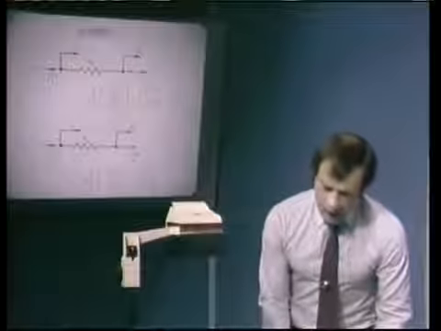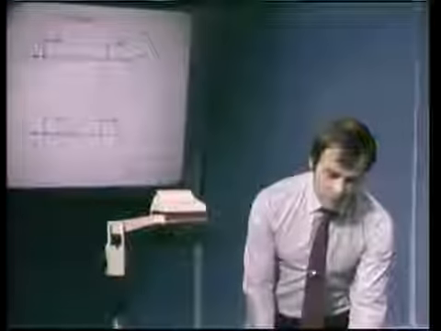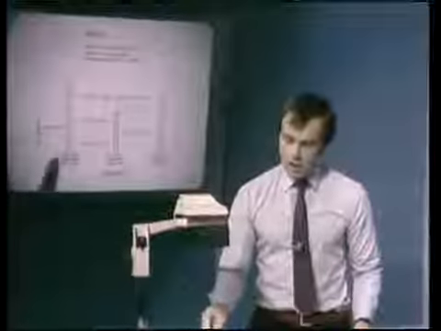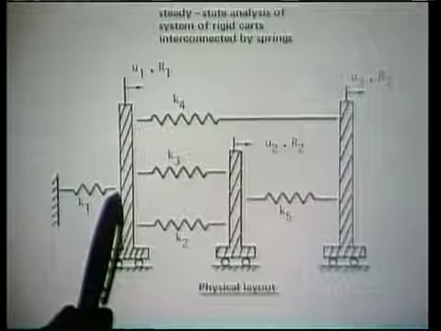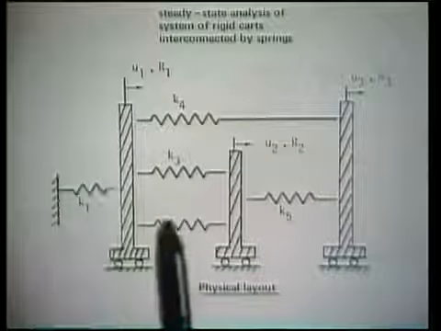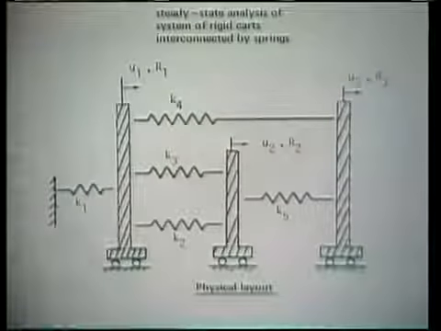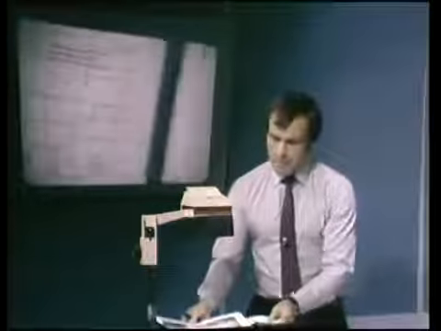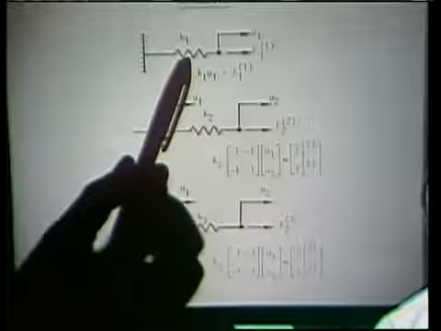Now, we should also point out one other important point. Namely, if we look at this card system here, notice that this K1 spring is connected to U1. K4 is connected to U1 and U3. So if we look at the equilibrium requirements here, you will notice that I have F1 here for K1, because this is U1 here.